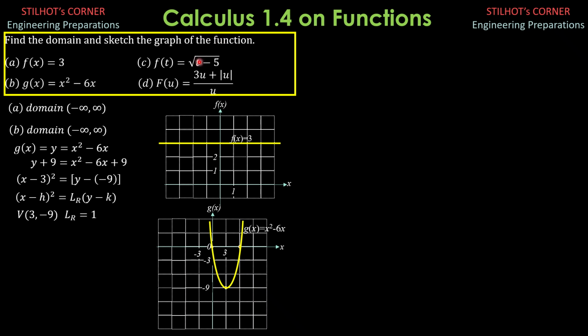For part C, this is also a parabola. The radicand should be positive or 0, so t minus 5 should be greater than or equal to 0. Therefore, obviously the domain would be 5 comma positive infinity, or 5 comma infinity.